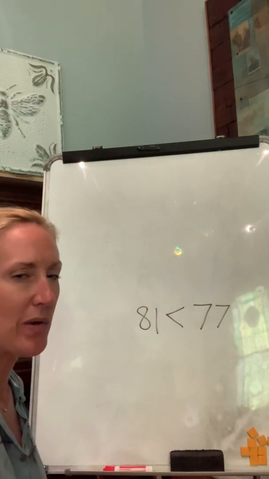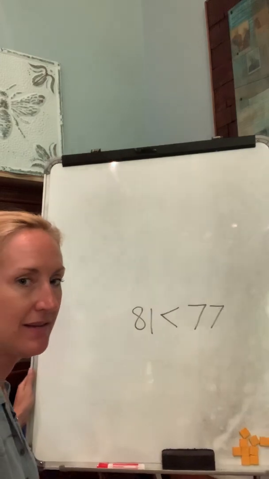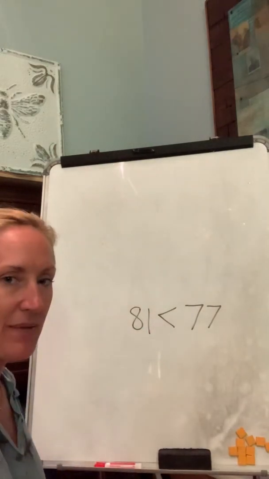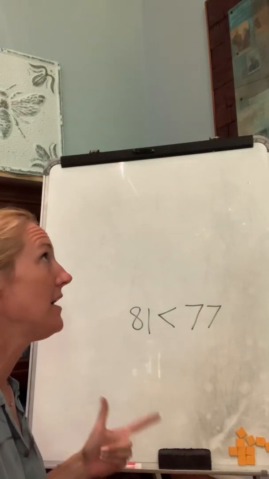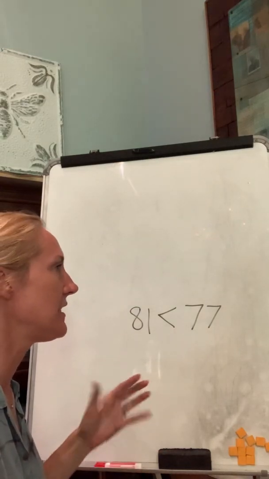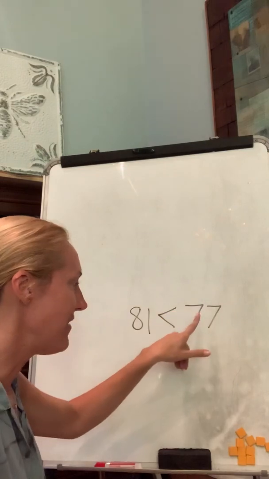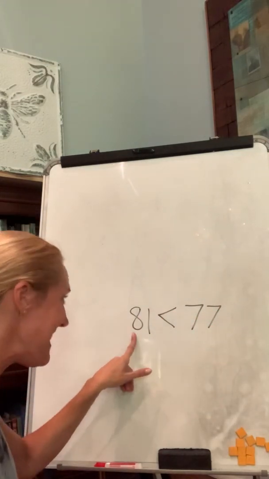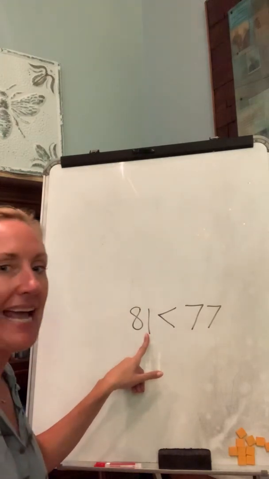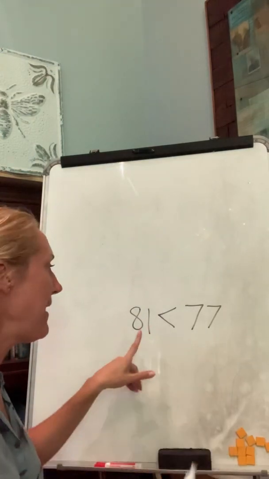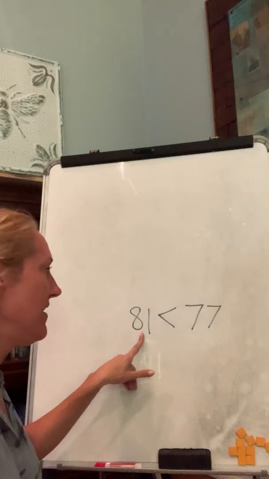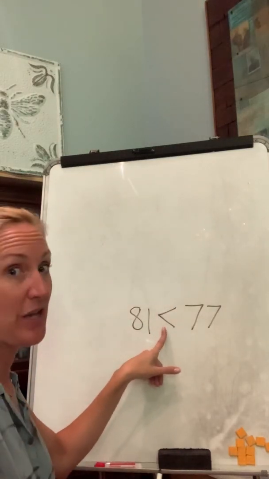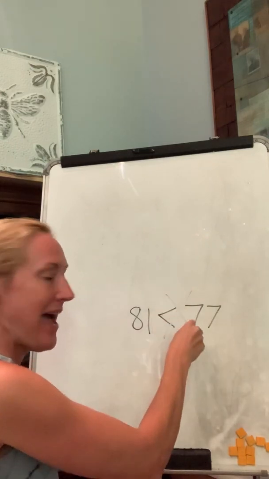Again, we've got to count and think about it, okay? 81 and 77. Well, if I'm counting by tens, 10, 20, 30, 40, 50, 60, 70, 71, 72, 77, 78, 79, 80, 81. I had to keep counting. My number got bigger to get to 81. So we want the alligator to eat 81. Is that what it's doing? Nope. So this one is not correct.